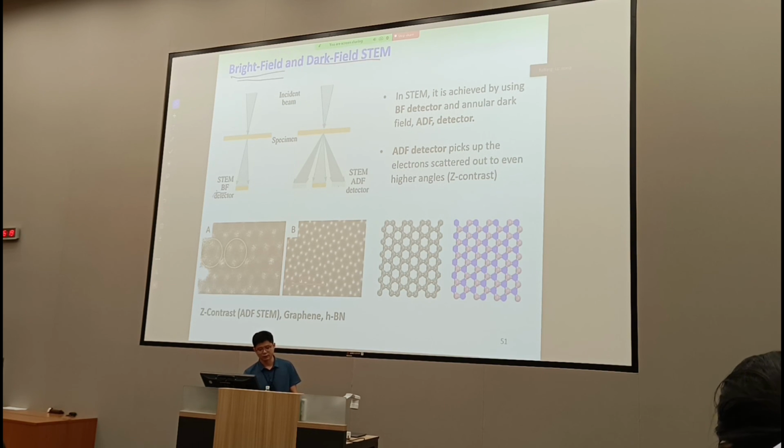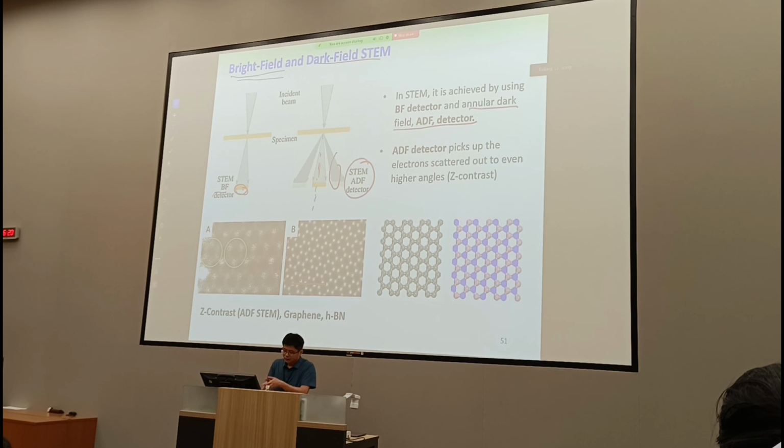Bright field, in short called BF, and dark field, typically you use an annular dark field detector. That is this mode. So from this drawing, you can already tell the difference. Using the dark field, you are collecting the electrons off from the transmission axis line. In the bright field, you detect the electrons that are close to the center of the transmission line, right? But in the dark field, we are collecting these off-angle transmitted electrons.